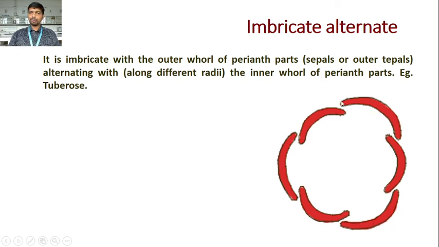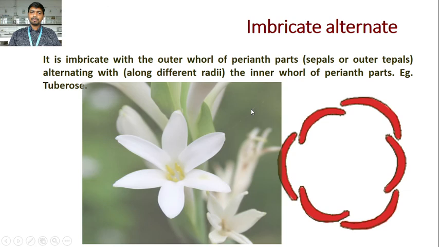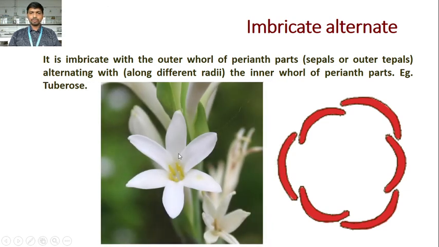So this is the outer whorl of the perianth, alternating with the inner whorl of the perianth parts, and again the outer whorl alternating with the inner whorl. This happens in a regular pattern. So this type is the imbricate alternate estivation, for example tuberose. This is a photograph of tuberose. These 1, 2, 3 are the outer tepals, forming one row.